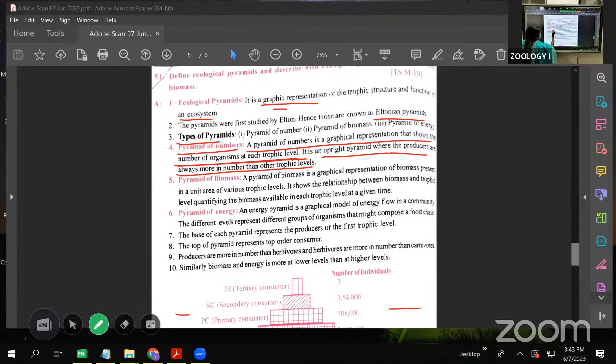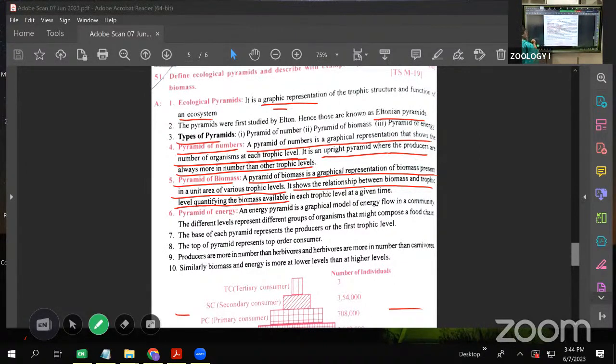The second one, the pyramid of biomass, means the total biomass. A pyramid of biomass is a graphical representation of the biomass present in the unit area of the various trophic levels. It shows the relationship between the biomass and the trophic levels. Here it is also the same, an upright position.